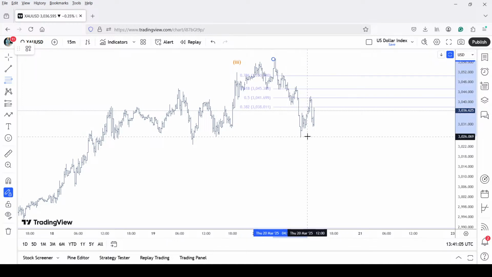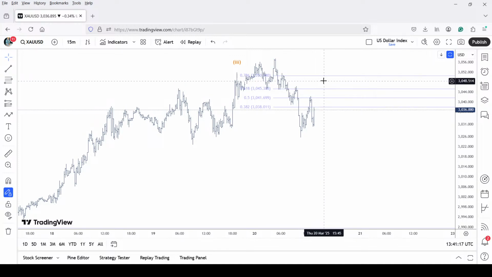Let's find out. It has reached the 50% mark, and that's quite enough, but be prepared for a 61.8% touch as well, possibly the 78.6% as well, but 3045 is going to be a good one.